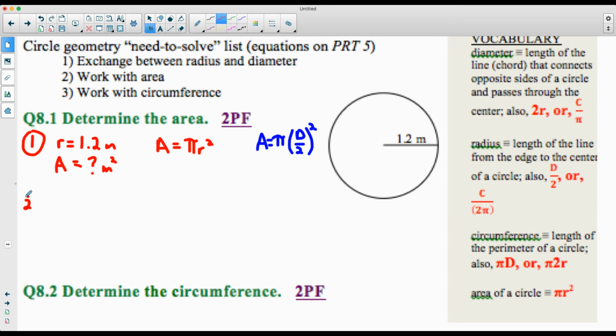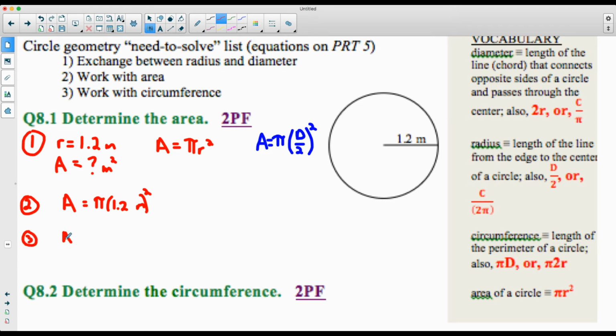So number 2, substitute. So the area is just going to be pi times the radius, which is not 1.2, but 1.2 meters squared. Of course, that little m for meters does not go into your calculator. And then you come up with a solution over here.